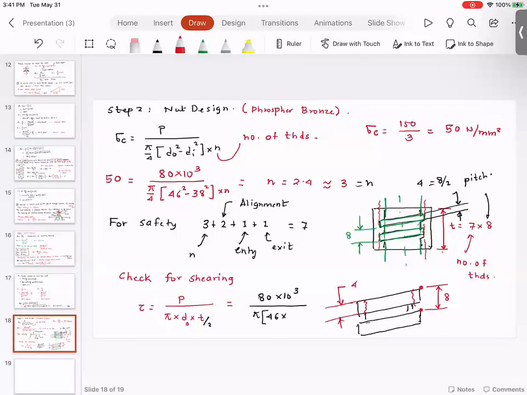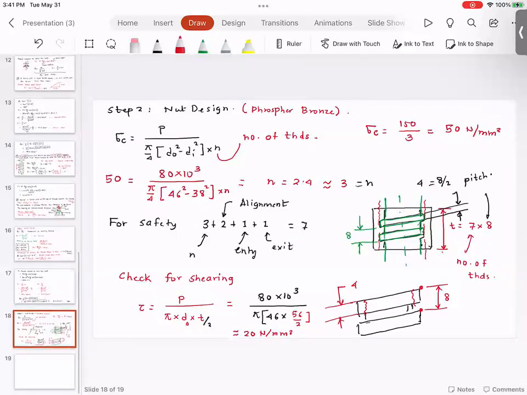That's why. You see, you understood? About 20 Newton per millimeter square. Any questions?